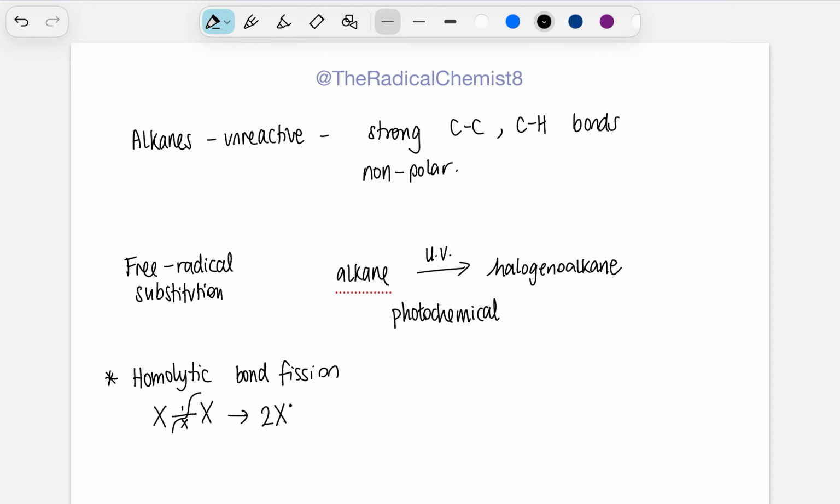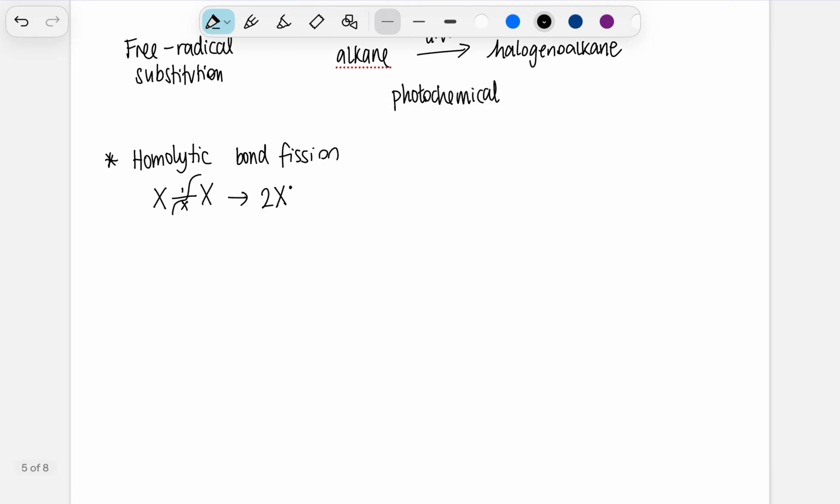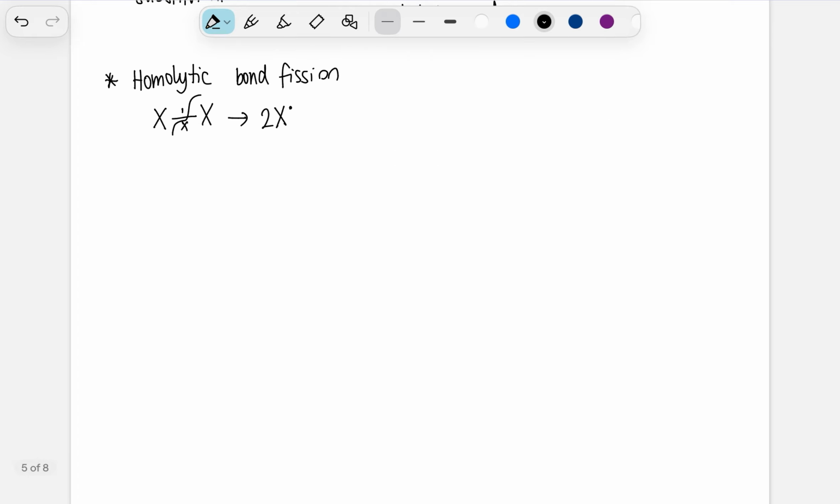So let's look at this reaction then. There are always 3 steps to this reaction. You need to remember you have an initiation step. This is where you're forming your radicals. Then you've got a propagation step. Normally the propagation step will keep on going until you kill off the radicals.